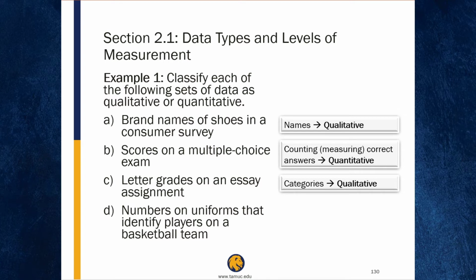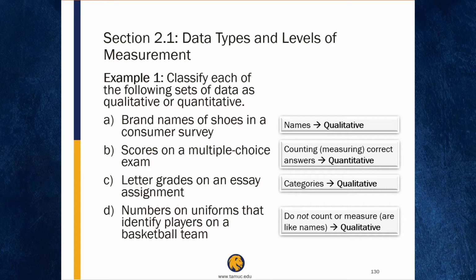The last one says numbers on uniforms that identify players on a basketball team. Now this is a number, but it's not a measuring number. It's just a number that's used as a label to identify the player. So rather than thinking of it as something that counts or measures something, a number on a uniform does not count or measure, and so it'll be qualitative instead of quantitative.